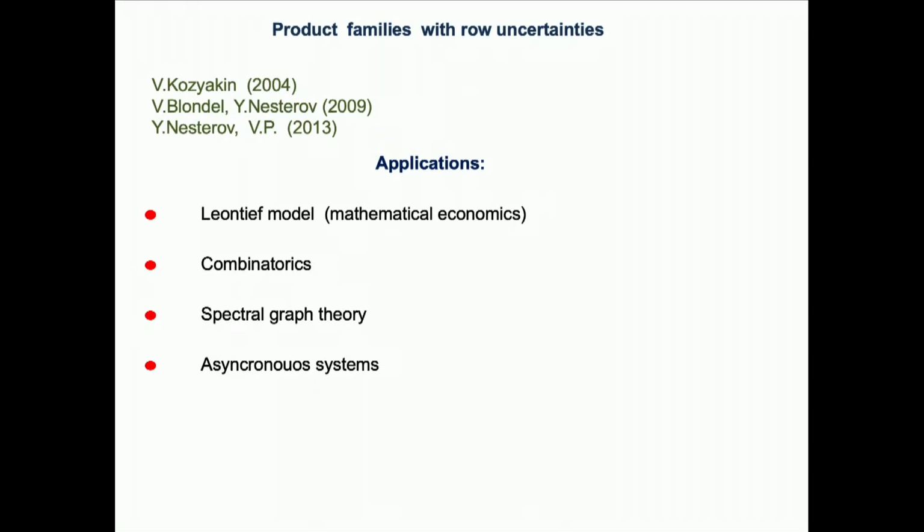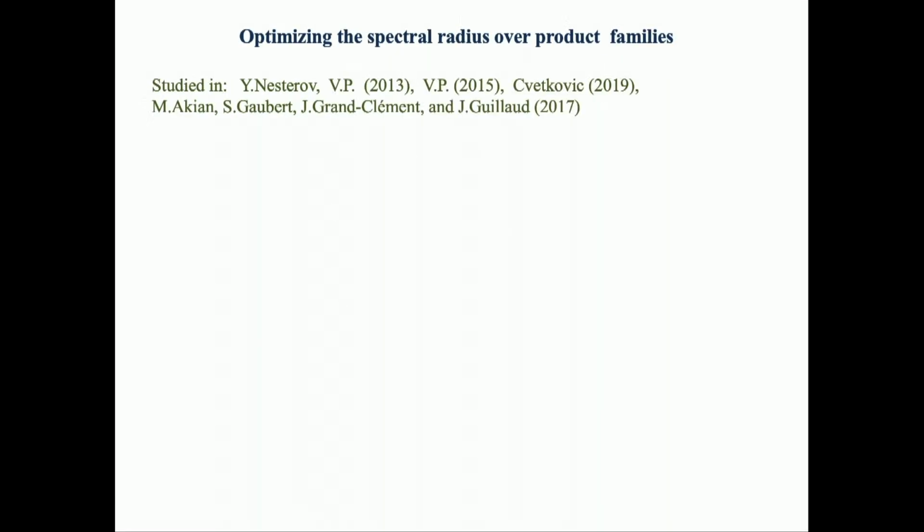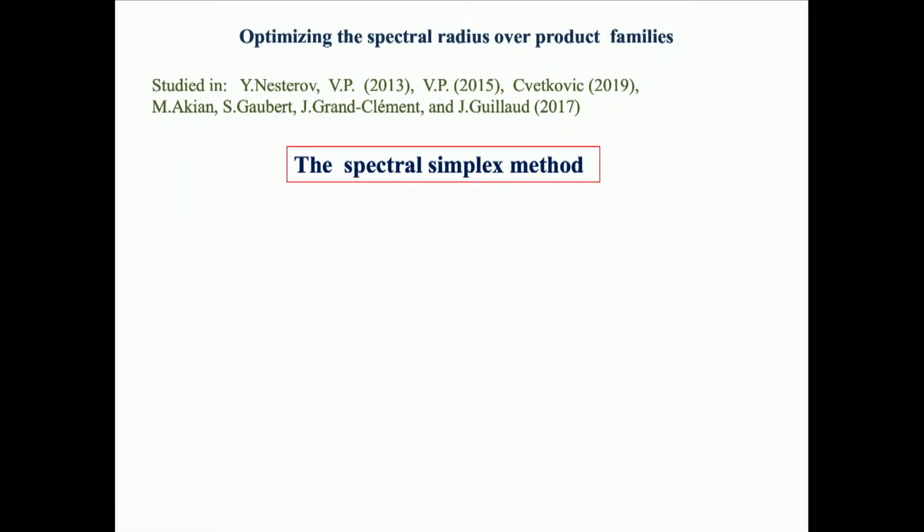About the spectral graph theory, I will mention it shortly. How to optimize the spectral radius over a product family? It appears that the product family is quite a convenient object for optimization of the spectral radius, for optimization of the Perron eigenvalue.